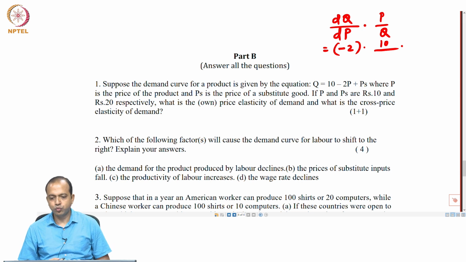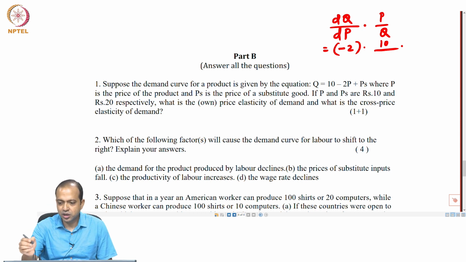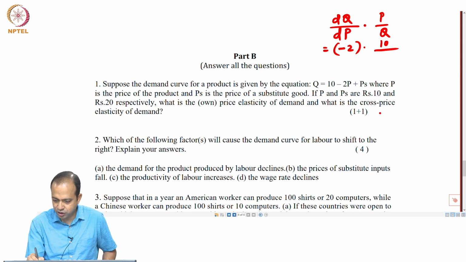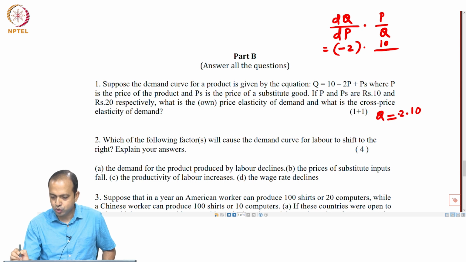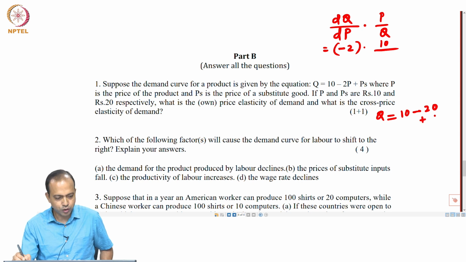and if you put 10 for P and PS is 20, then Q would be, let me calculate Q over here, Q equals 10 minus 2 into P, that means 10 minus 20, plus what is PS?